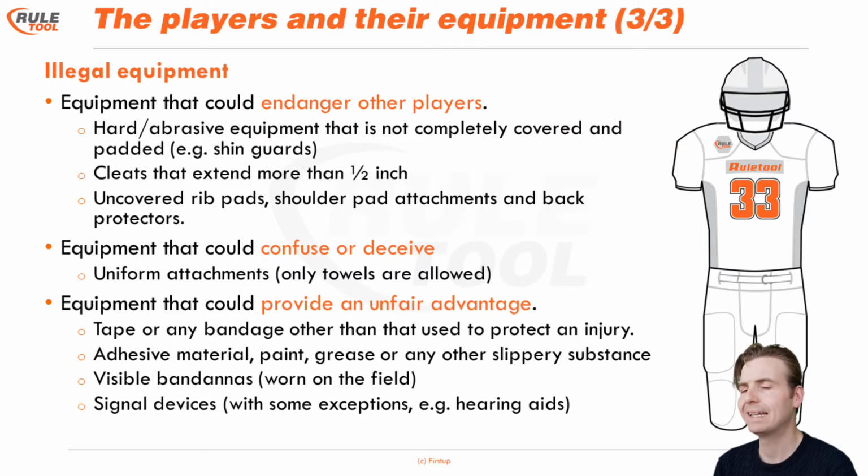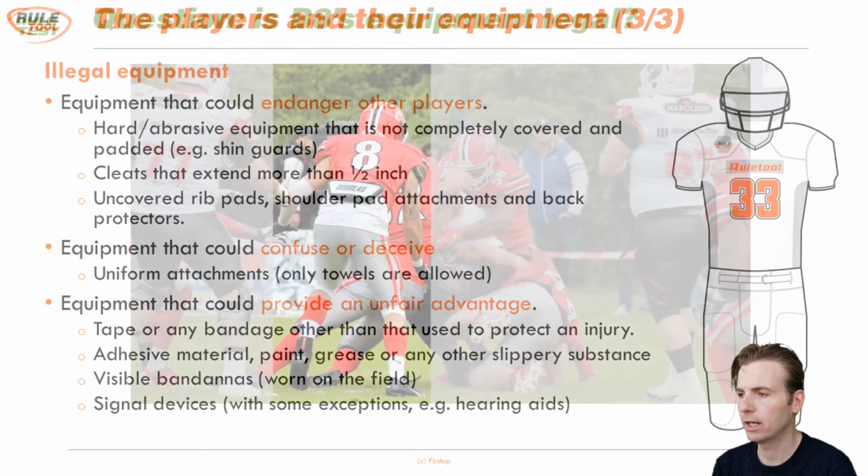Now we're going to illegal equipment, and we can divide that between equipment that could endanger other players, confuse or deceive other players, or could provide an unfair advantage. I won't cover all the details. It's of course in your rule book, so have a look at it.